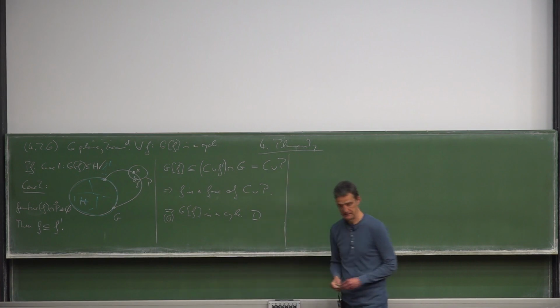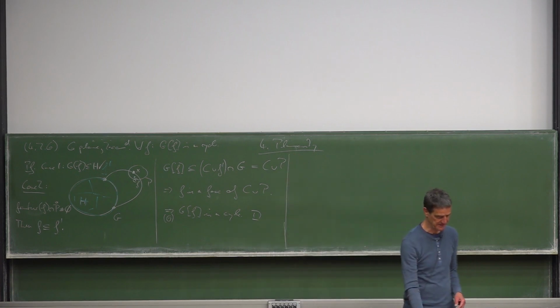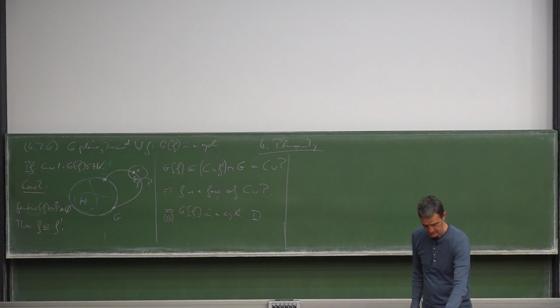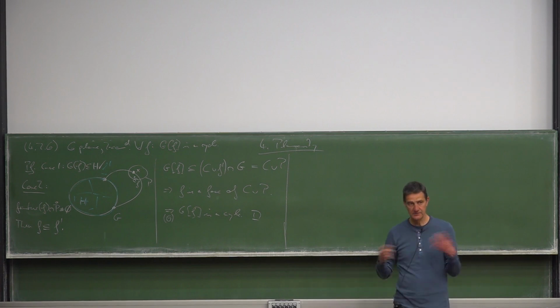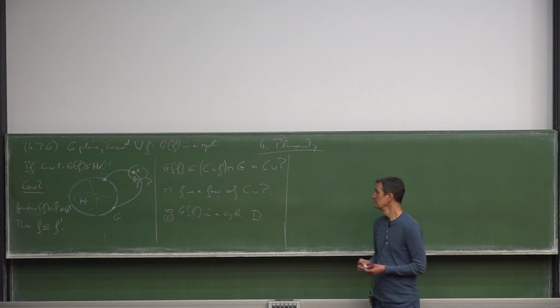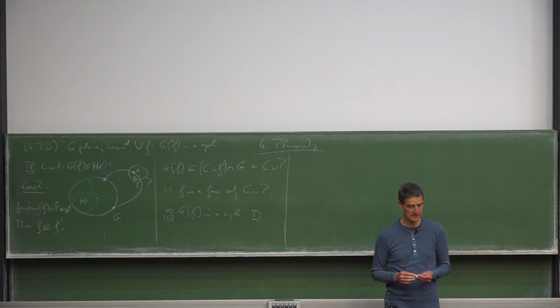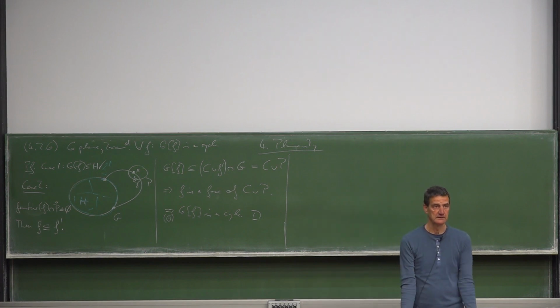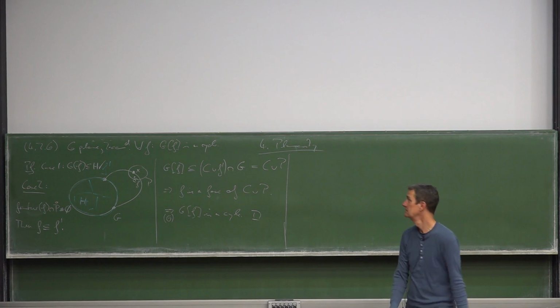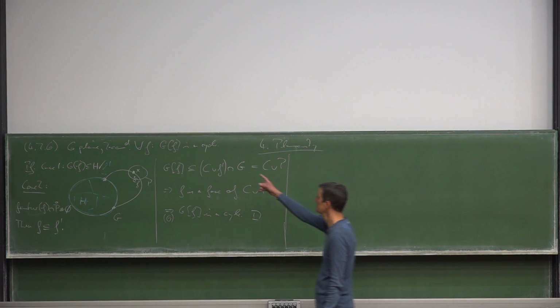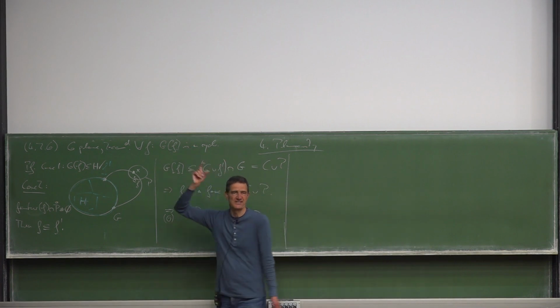Next proposition. We know that in the two-connected graph, the faces are bounded by cycles. And now we can ask which cycles.